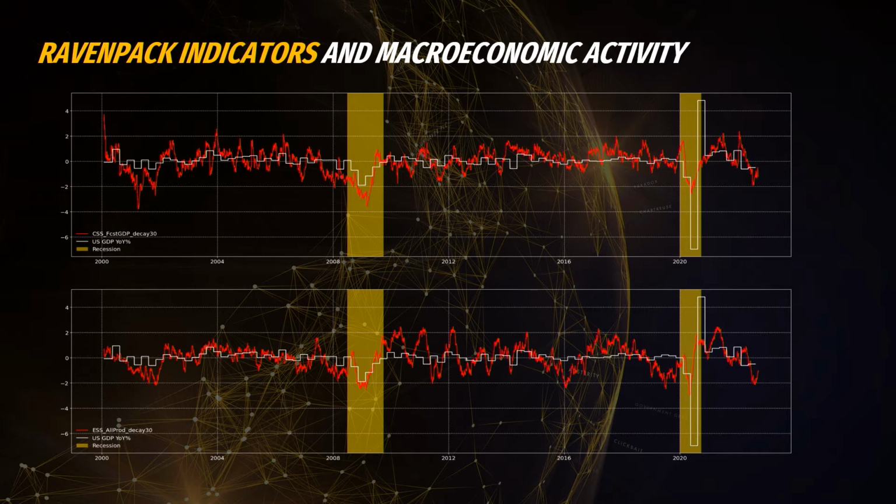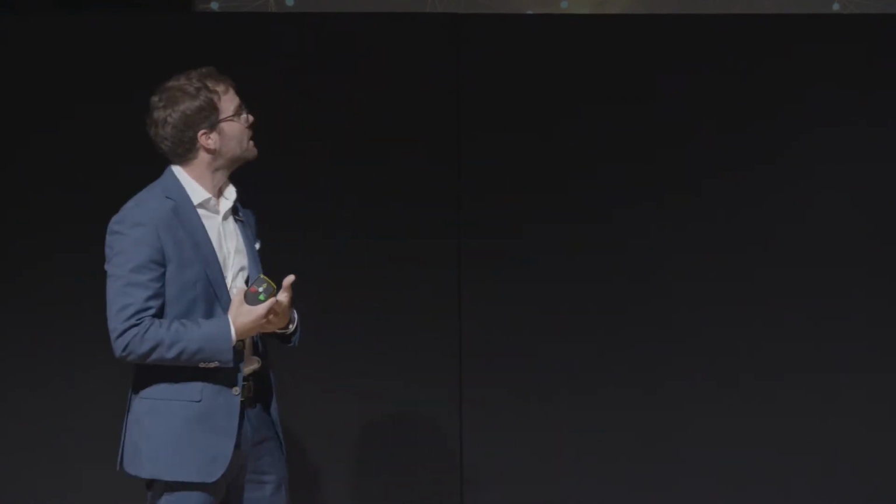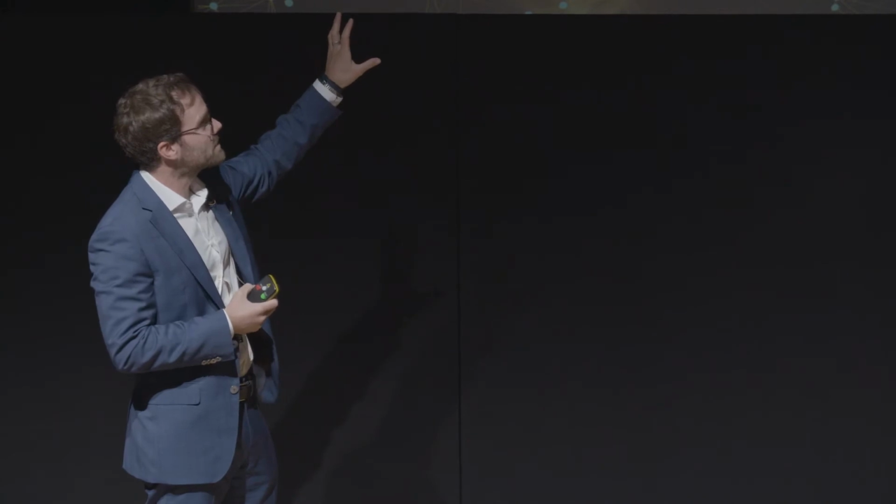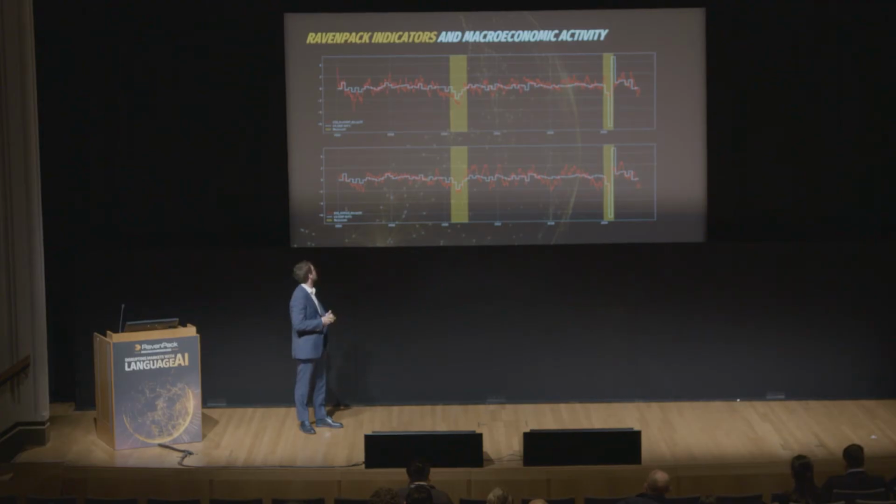What we ask ourselves is, are those sentiment analytics actually useful to predict the GDP? So they can actually enhance a classical statistical model that uses only macroeconomic indicators, for example, industrial production, retail sales, and so on. So from this analysis, we take macroeconomic variables, we take our RavenPack thematic indicators, and we plug them into our nowcasting framework.